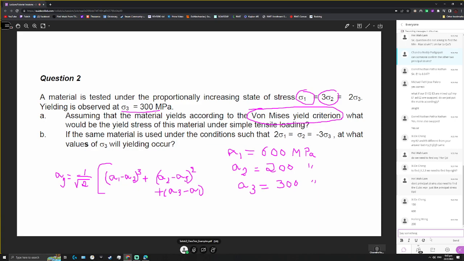You need to put the square root for the entire thing, so I'll put it to the power of half. So this is the von Mises yield criterion. You may just calculate what is the yield stress. Guys, I'll wait for your answer.